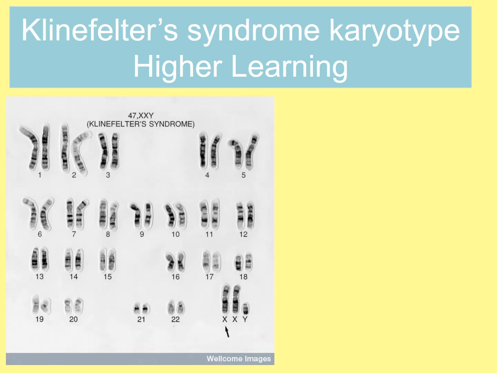Here we have another condition which can be detected by a karyotype. You'll see chromosomes 1 to 22 are fine, 22 matching pairs. But at chromosome site 23, you'll see that there's an extra set of genetic information. We have 2 X chromosomes and a Y chromosome.